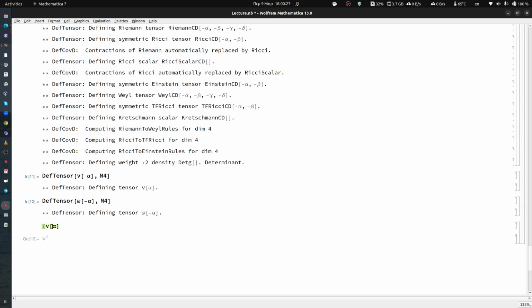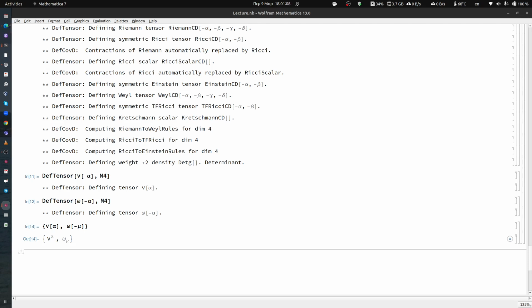Similarly, if we want to write omega, so escape o escape puts here an omega, and then I can put here an index that does not need to be alpha. It can be any index from the set that I have chosen, for example mu. So escape m escape puts a mu here, and then I close the list. So you see here that the output is v with index upstairs and omega with index downstairs.